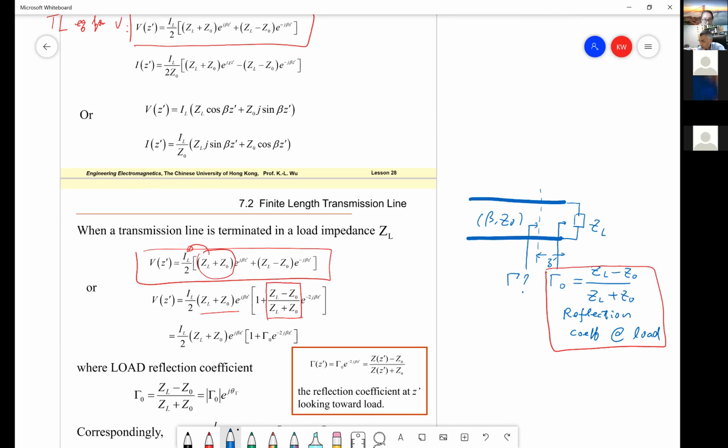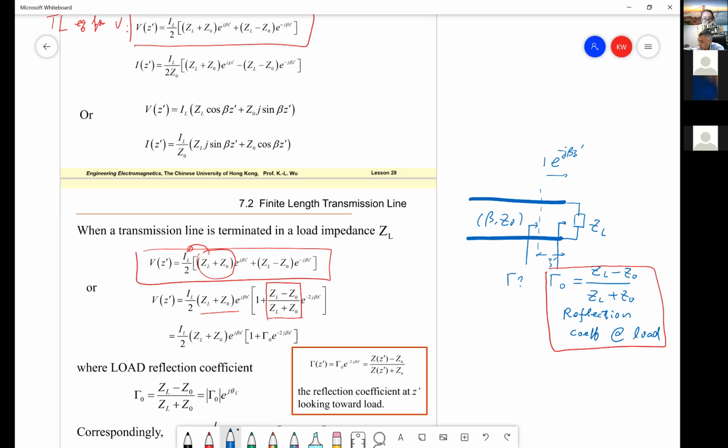Let's say we have a wave. When the wave travels this distance, if the magnitude equals 1, then the traveling wave is e to the minus j beta Z prime. Let's say this location is Z prime. So this is the one way.